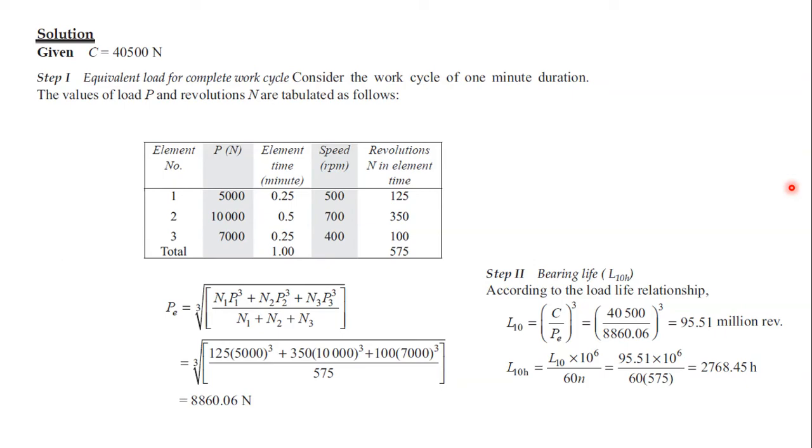Let's have a look at another variation of example. A ball bearing is operating on a work cycle consisting of three parts. Again you are given three elements. First one, a radial load of 3000 Newton at 1440 rpm for 1/4 cycle, means for 1/4 of the cycle rpm is this and load is 3000 Newton.